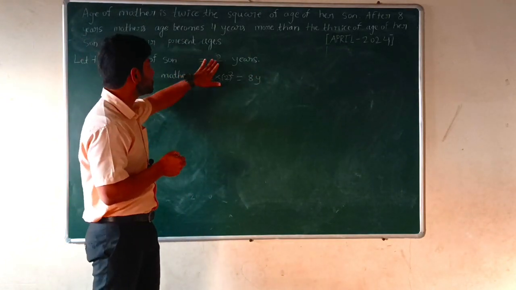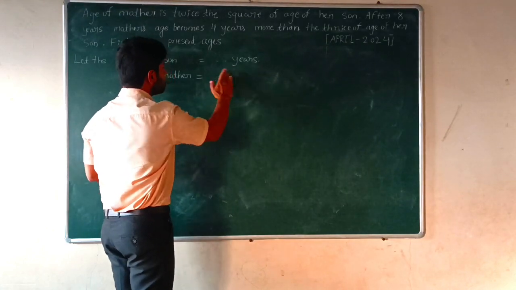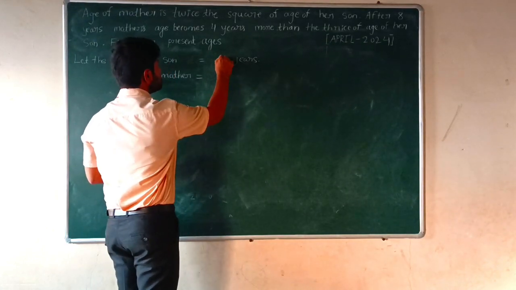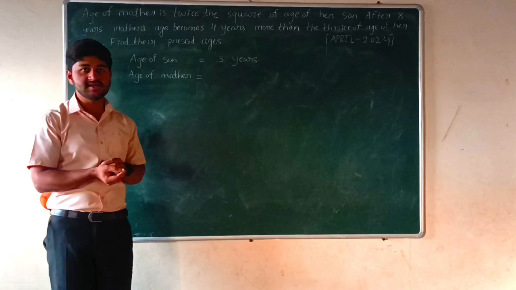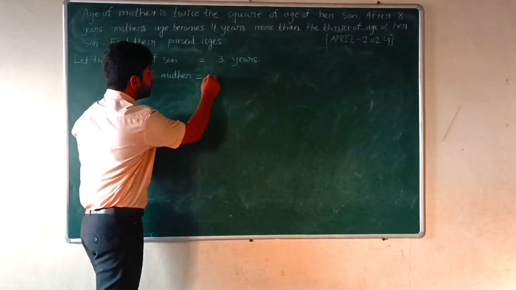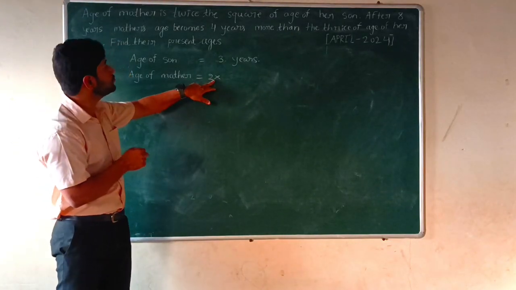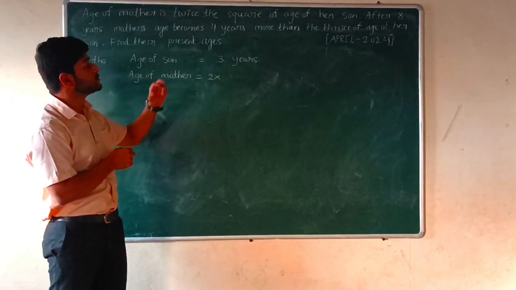Let me just take another example. Let's say that age of son is 3 years. Age of mother is twice. That means I have to multiply 2 to something. I have to multiply 2 to the square of the age of her son.